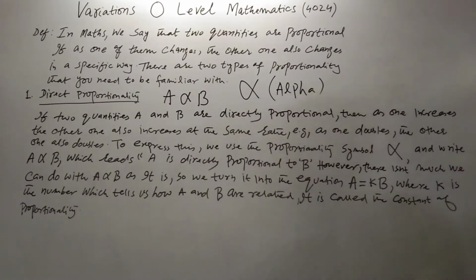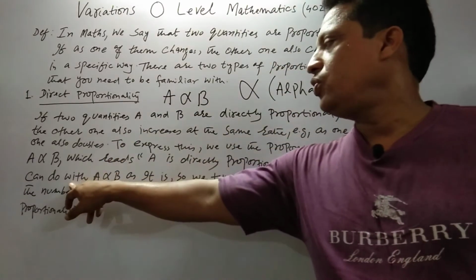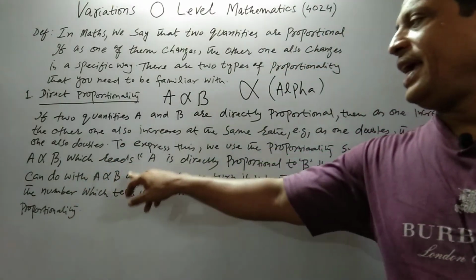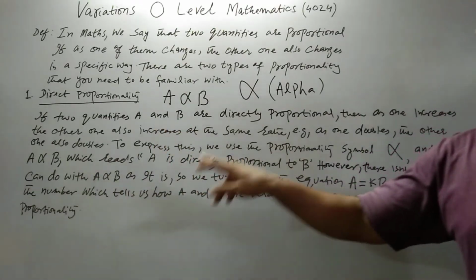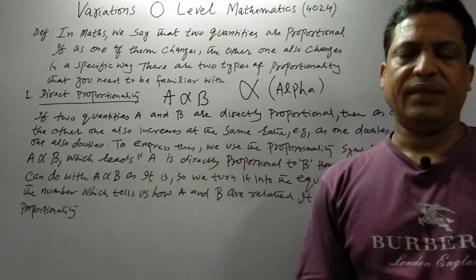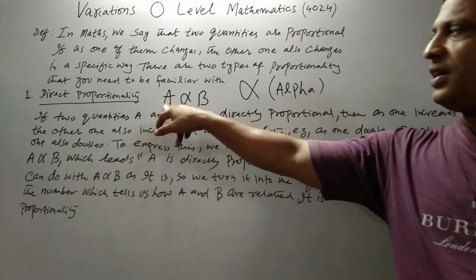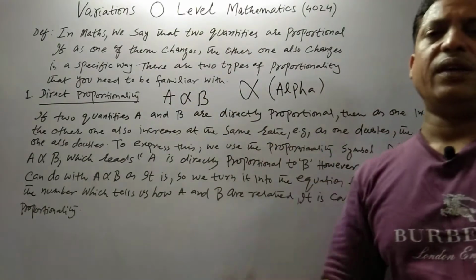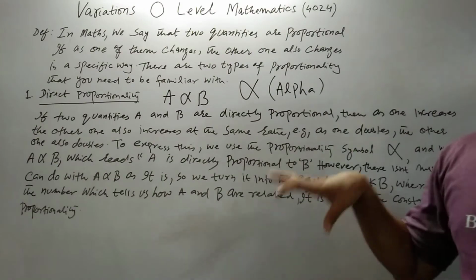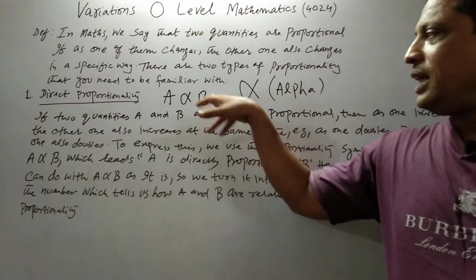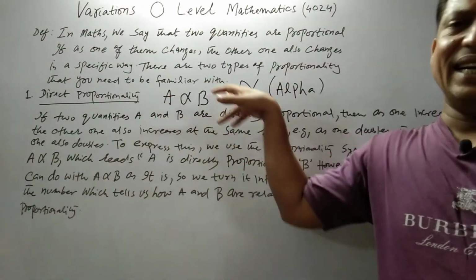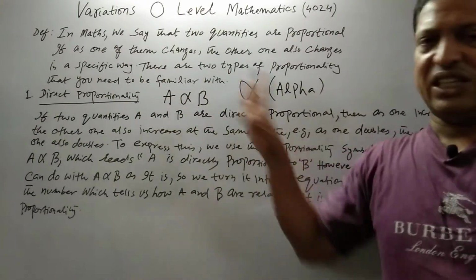Okay, however, there isn't much we can do with A directly proportional to B as it is. It means, if we are given A directly proportional to B, we cannot do working on this relation in this condition.